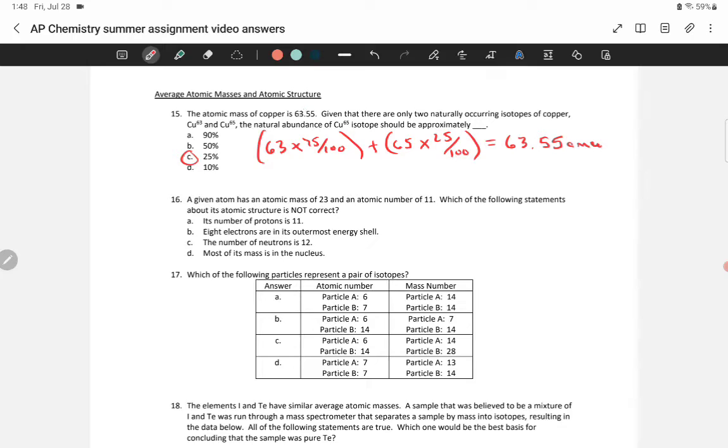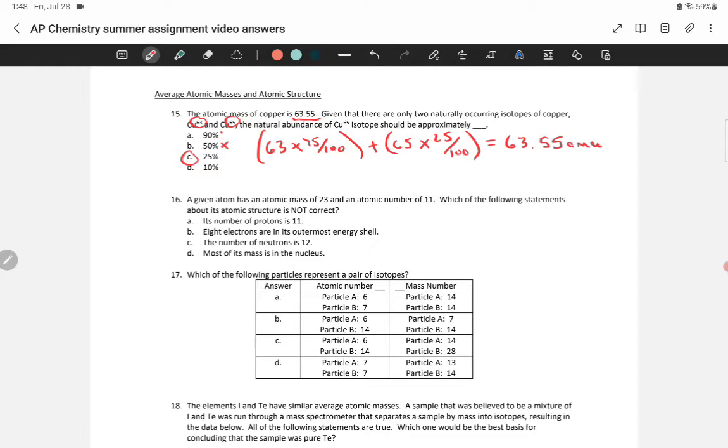But without math, let's look at this. So the average is 63.55. It's made up of two isotopes, 63 and 65. If it was 50-50 between 63 and 65, that would give you a mass of 64. Well, we don't have 64. We have less than that. So that's why I know it can't be that.